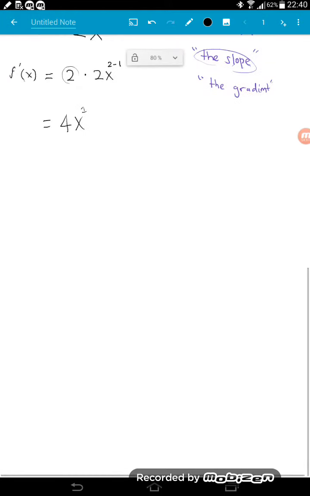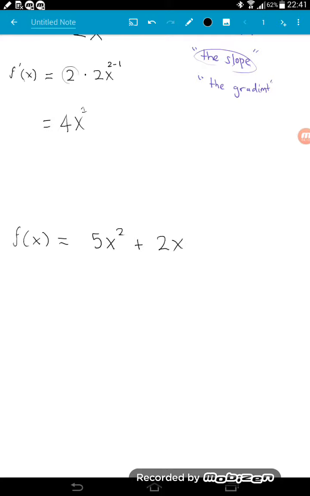For example, if you have your equation is 5x squared plus 2x. What you're going to do is find the derivative of the equation one by one.